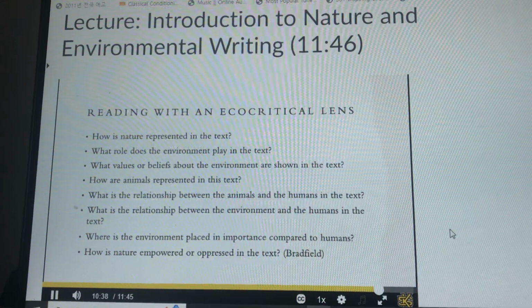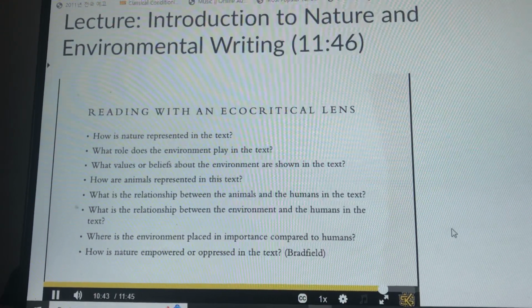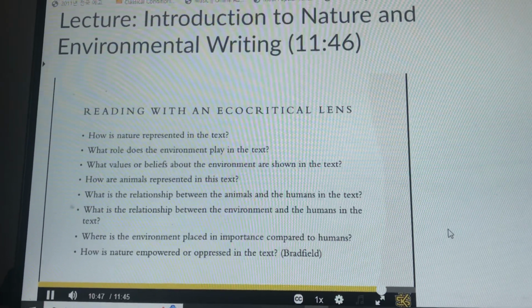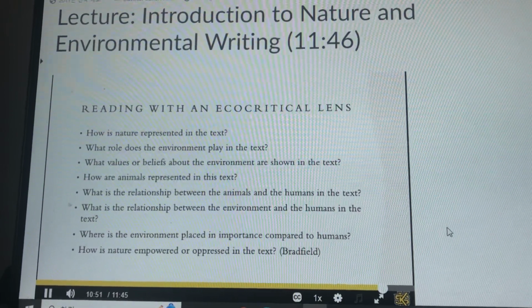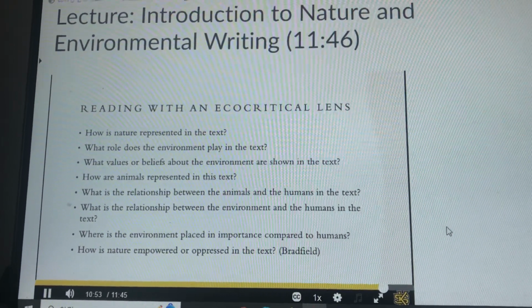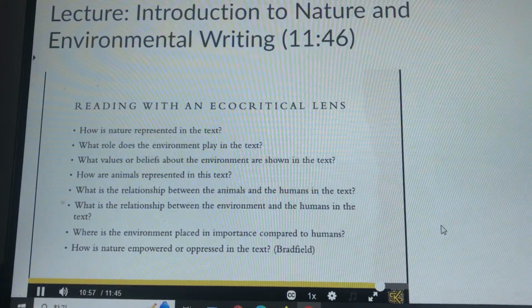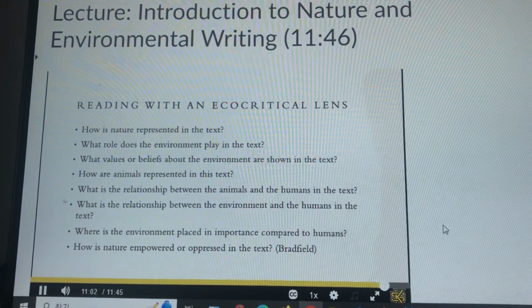How are animals represented in this text? What is the relationship between the animals and the humans in the text? What is the relationship between the environment and the humans in the text? Where is the environment placed in importance compared to humans? And finally, how is nature empowered or oppressed in the text?